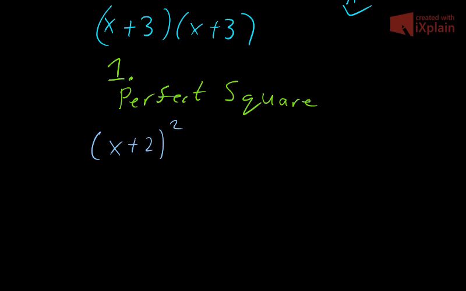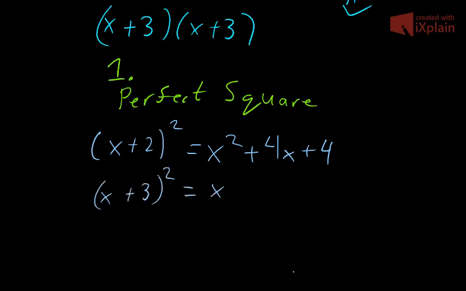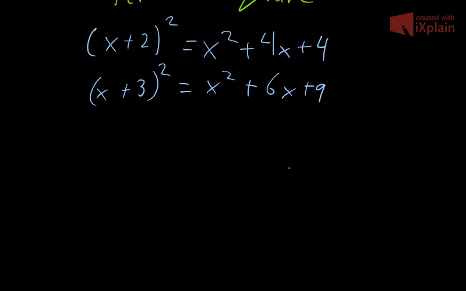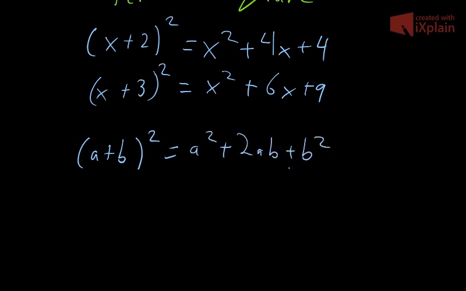If I have x plus 2 squared, that would be x plus 2 times x plus 2, and I end up getting x squared plus 4x plus 4.